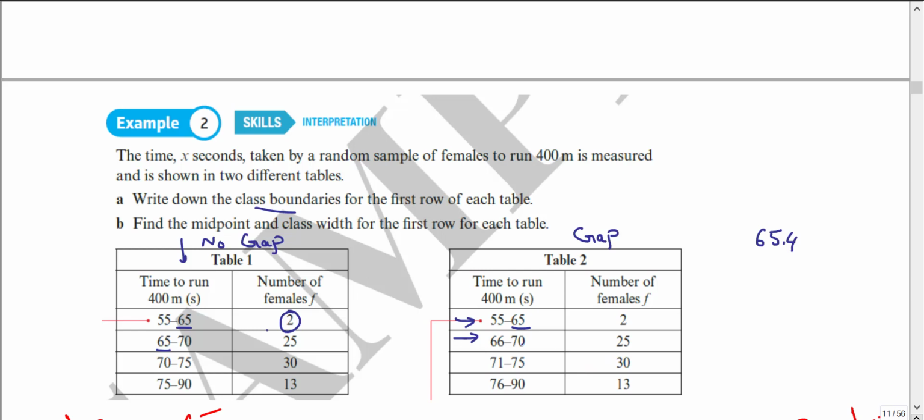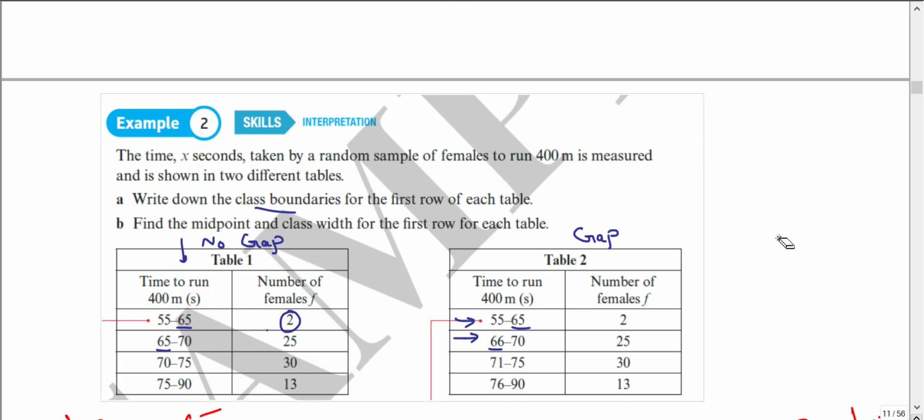Here, the maximum is 65. And the next group starts with 66. So any runner with 65.4, 65.7 and so on is not clearly identified where this runner would belong. Would she belong to the first group or the second one?